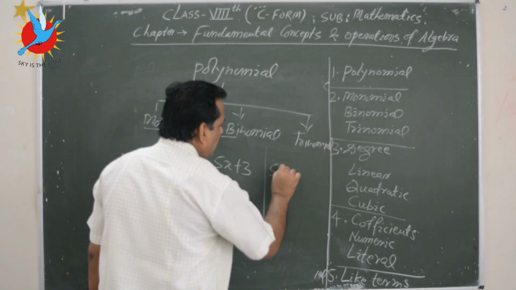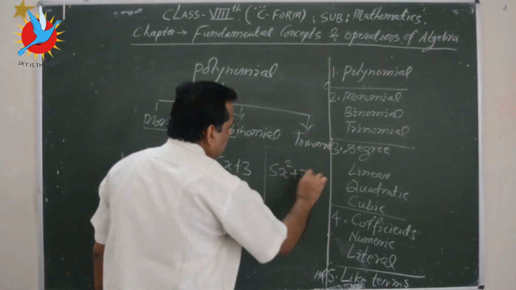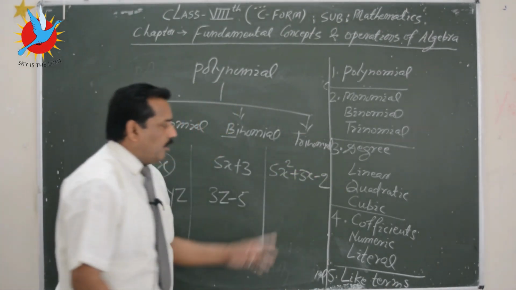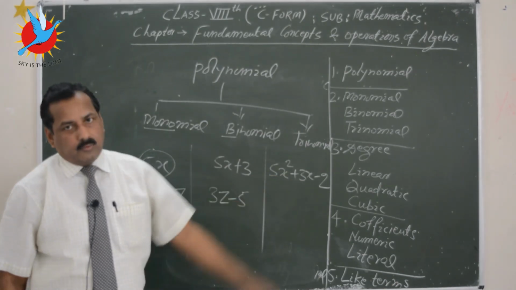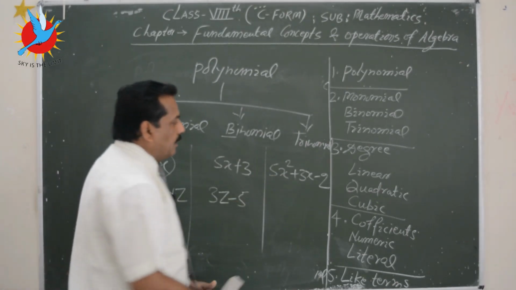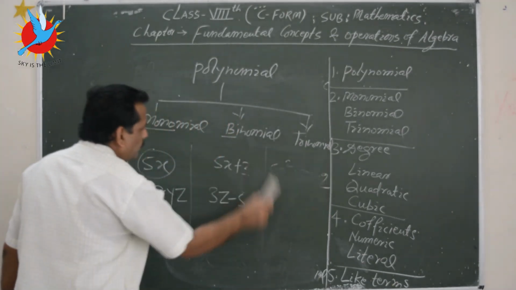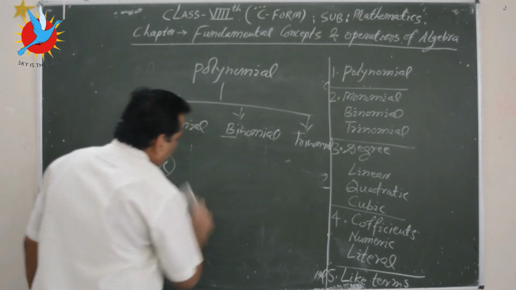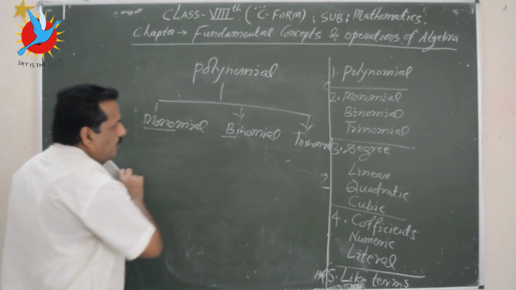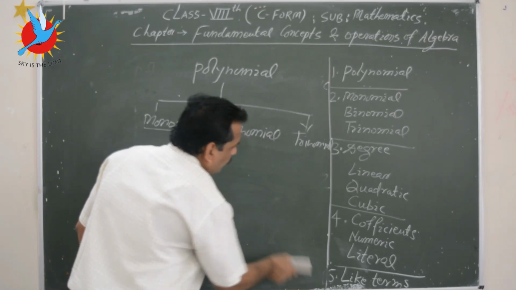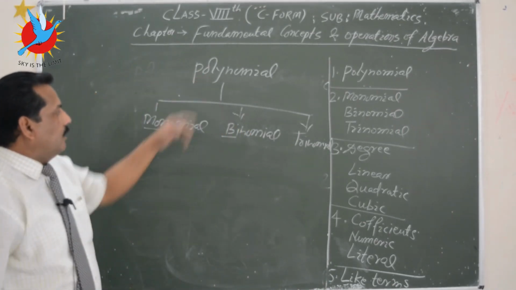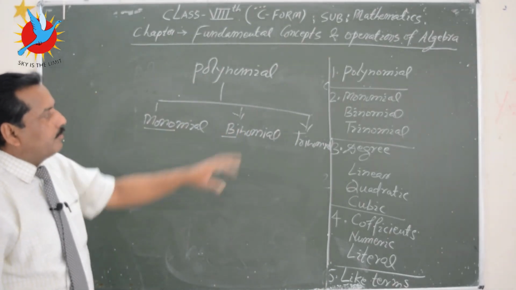So 5x square plus 3x minus 2. How many terms are there? 1, 2 and 3, trinomial. And similarly, for more than 3 terms, 4, 5, etc., we can classify polynomials based on the number of terms.